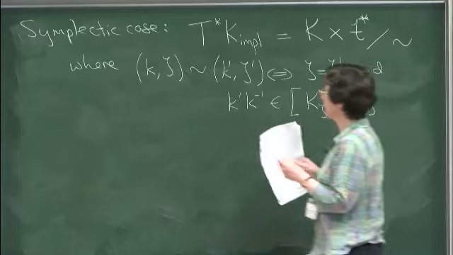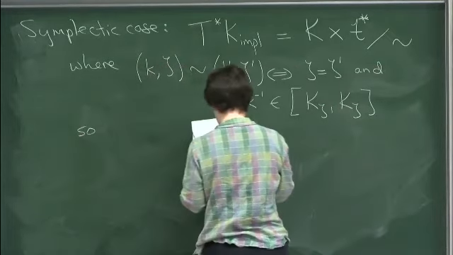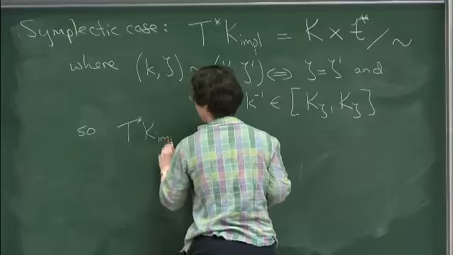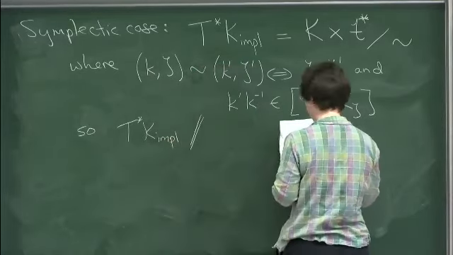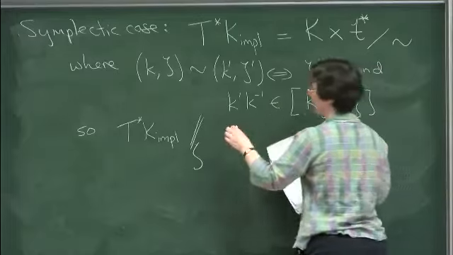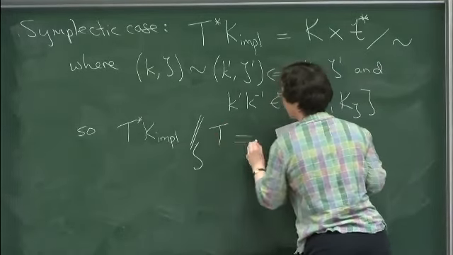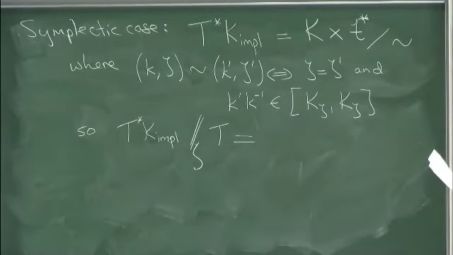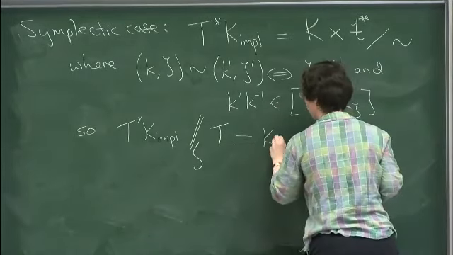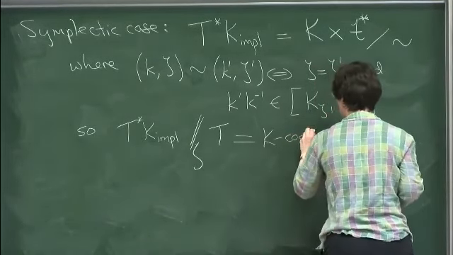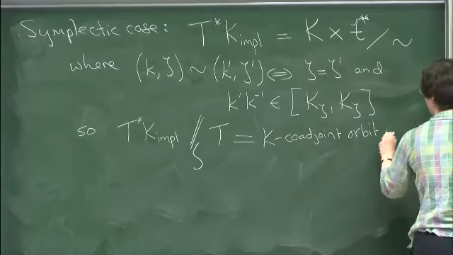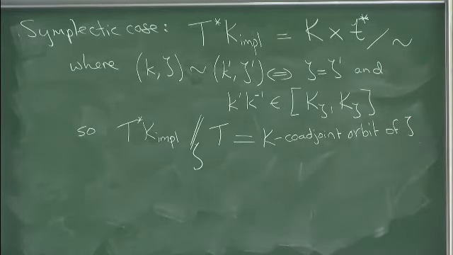So in particular, if we take the symplectic implosion and take its symplectic reduction at any level zeta in the positive Weyl chamber, then by its reduction by the torus, what we get is the K coadjoint orbit with its natural symplectic structure of zeta.